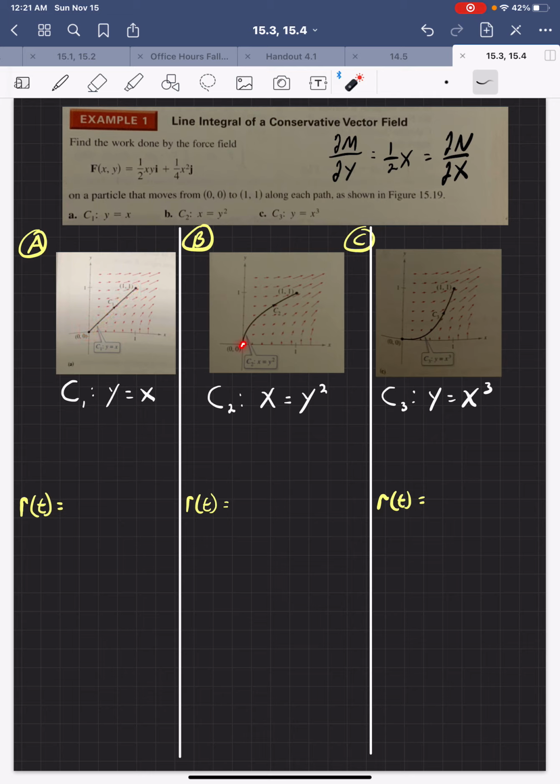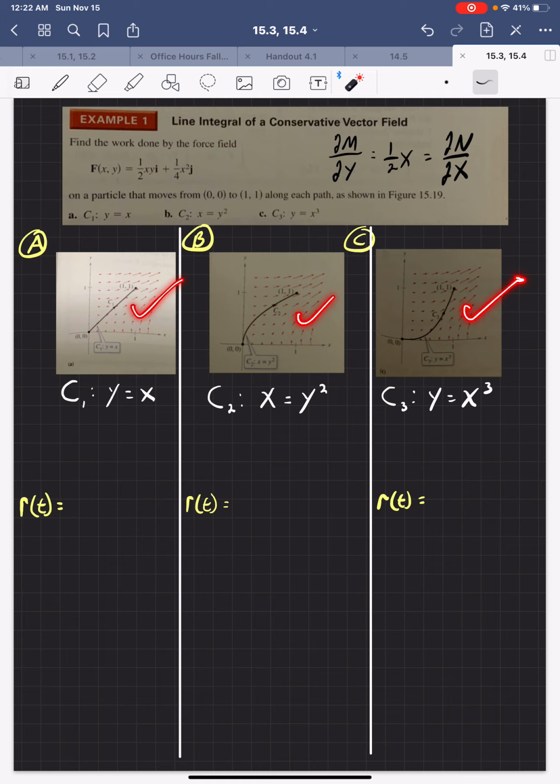Whereas in part B, the particle moves on this semi-parabolic path from (0, 0) to (1, 1), and an additional new path for part C. But wait a minute. So what is the question? The question is, does the path matter?